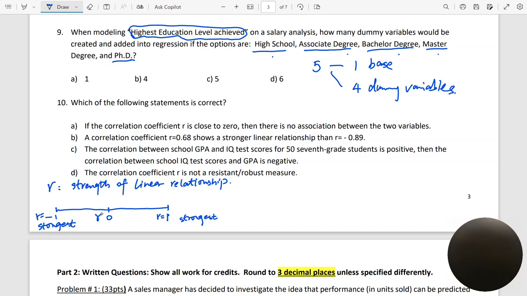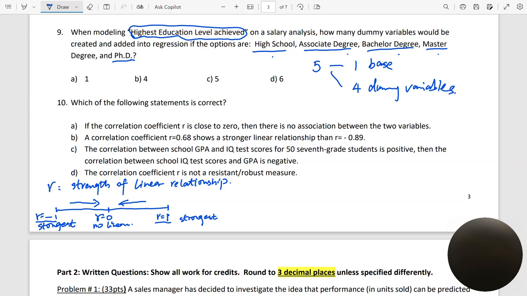But when r equals to 0, then we say there is no linear relationship, right? So then in this case, when it is approaching 0 from two sides, then the relationship is getting weaker, right?